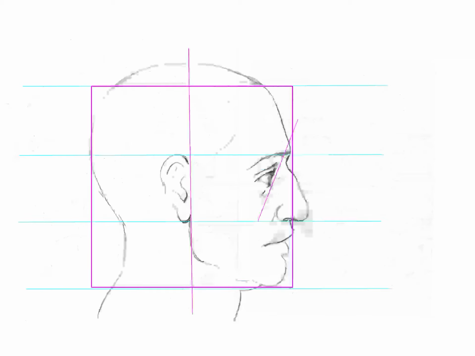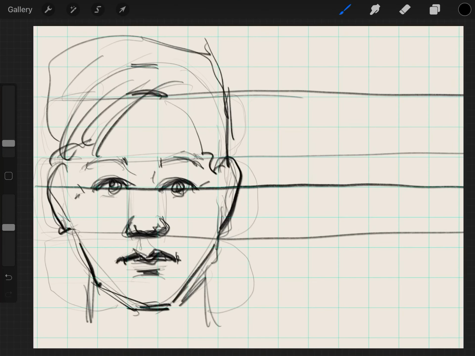Okay, so let's see if I can go back here to my drawing, and let's see if I can figure out this profile view. So my square is going to be, let's try it right about here. So I think I might be sort of pushing it more towards a rectangle, but let's see how it works out.